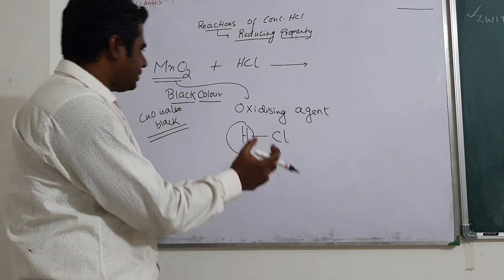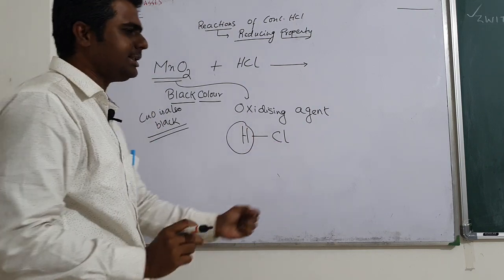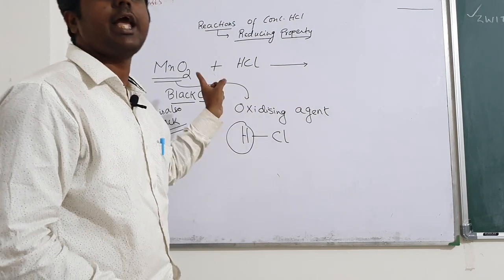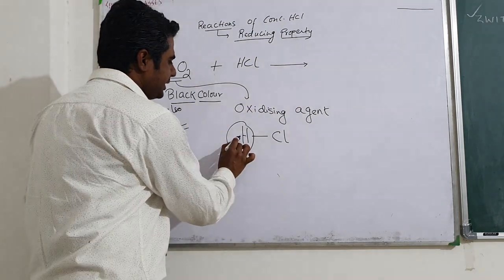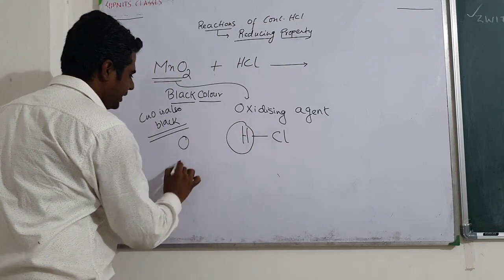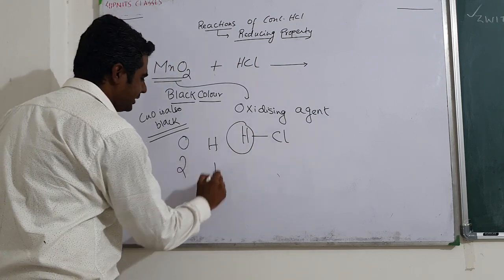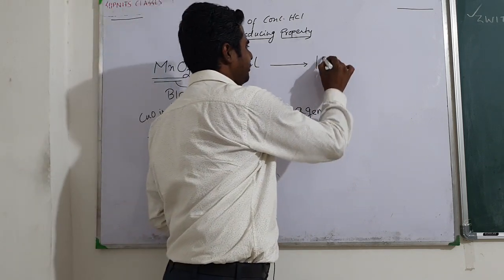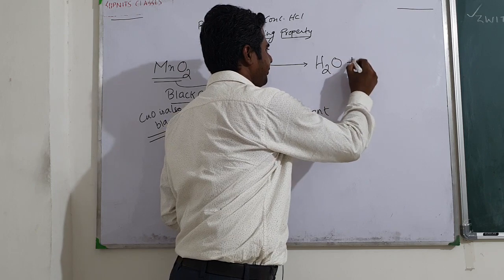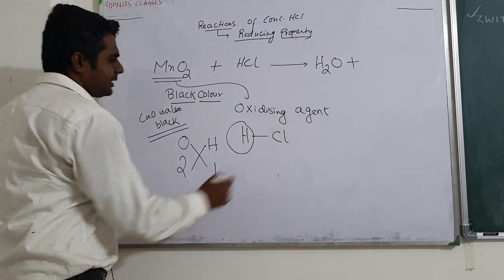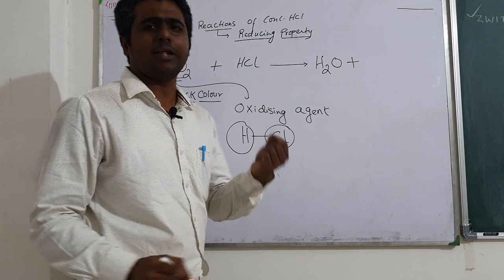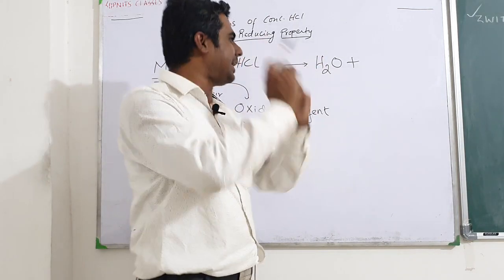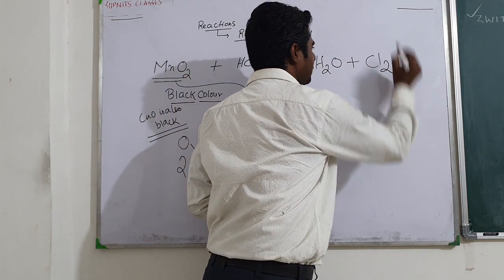Why is this hydrogen getting taken away? It is due to the oxygen donation of MnO2. So oxygen reacts with the hydrogen part. The valency of oxygen is 2 and of hydrogen is 1, and it will form H2O. So the first product is H2O. Next, Cl is left behind. Cl cannot remain alone, so it is going to react with another Cl and form Cl2.